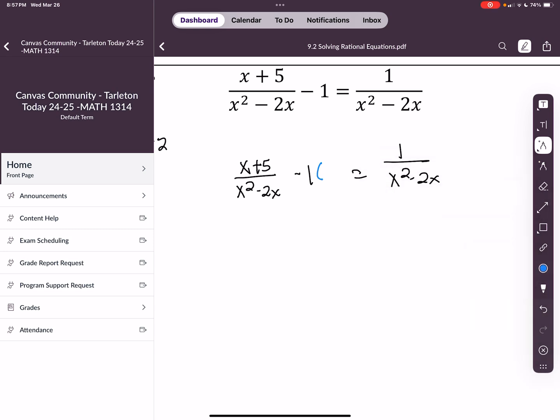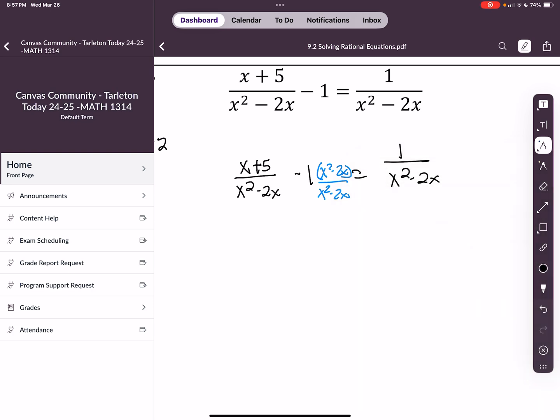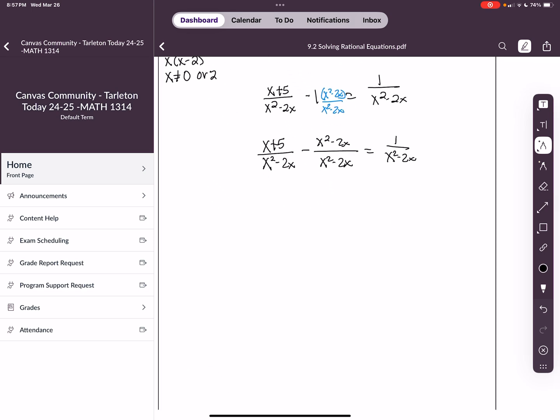We're just going to multiply this by x squared minus 2x over x squared minus 2x, right? Well, obviously, 1 times anything is just itself. So we're going to get x plus 5 over x squared minus 2x minus x squared minus 2x over x squared minus 2x equals 1 over x squared minus 2x. Okay, so I know that sounds like a lot. It's a lot of x squared minus 2x's.